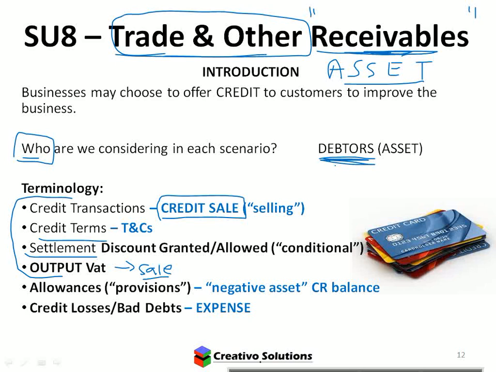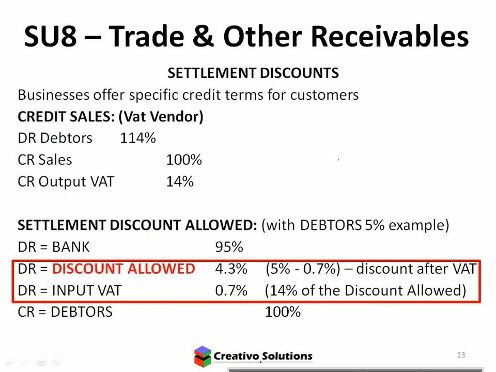A debtor has a very specific relationship to the business. Yes, they're an asset. You can have a business that's your debtor and your creditor. That's possible. But they're a debtor when you sell to them, and they're your creditor when you buy from them. They're two completely separate scenarios. Separate transactions, separate accounting, separate everything. So just keep it separate and then you can't go wrong.